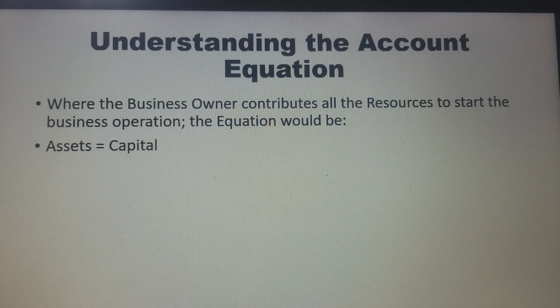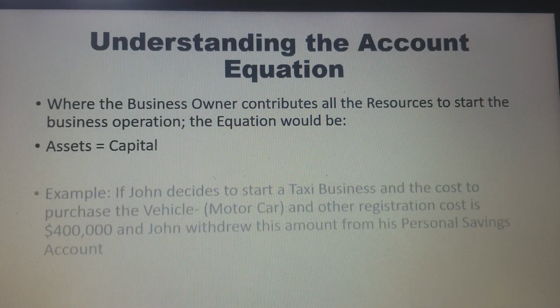There are business entities and organizations that exist where all of the assets that came together to operate the business came solely from the owner. And therefore, the accounting equation, asset is equal to capital, is used to represent the fact that the owner is the only person who has contributed all the resources to the business.